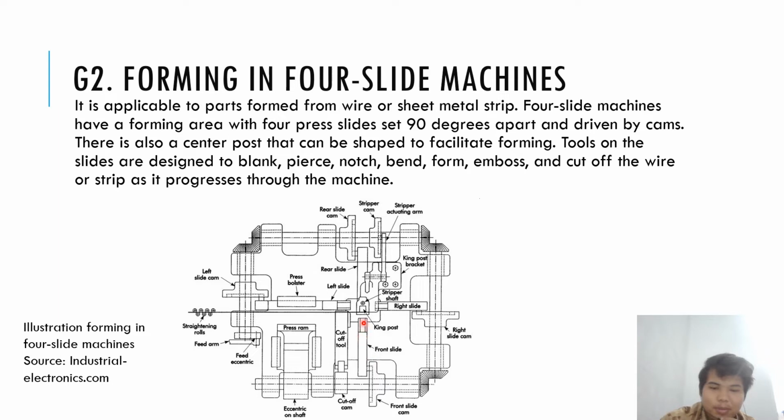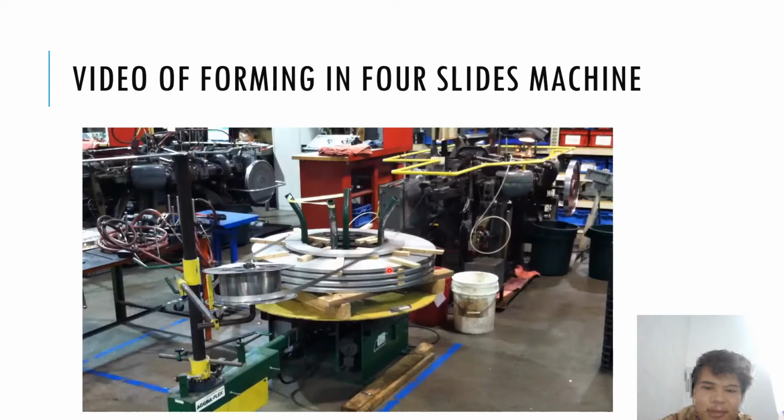It's pushed into the corner and pulled by here, and then the stripper cam, and then it's the end, then the cutoff, and then it goes down to the final part, like the exit. We have the video here.